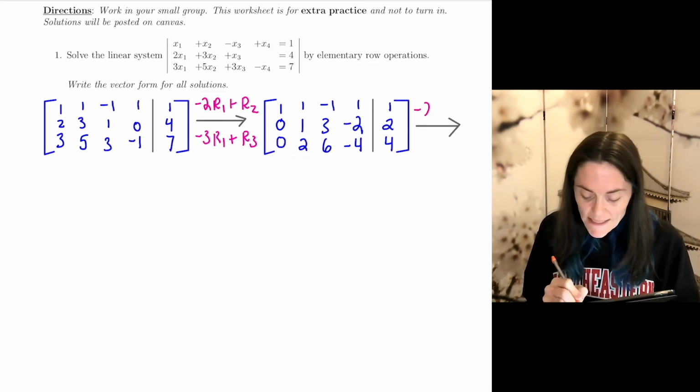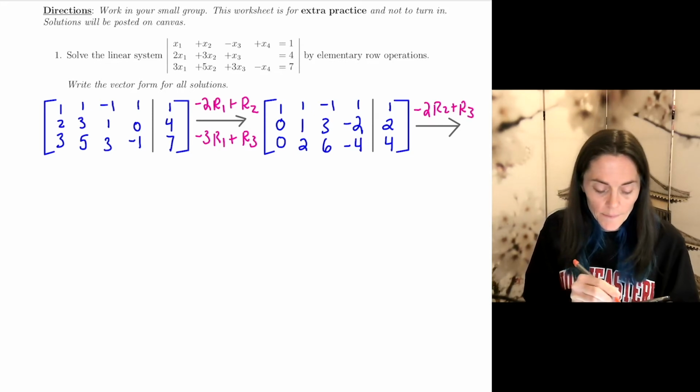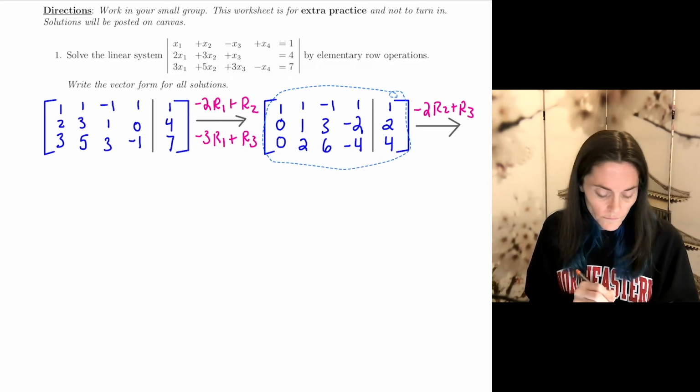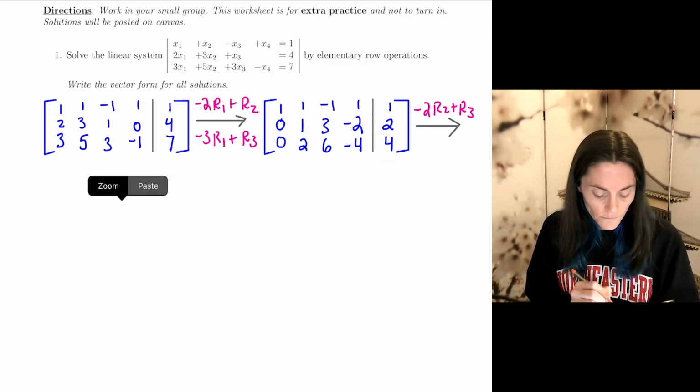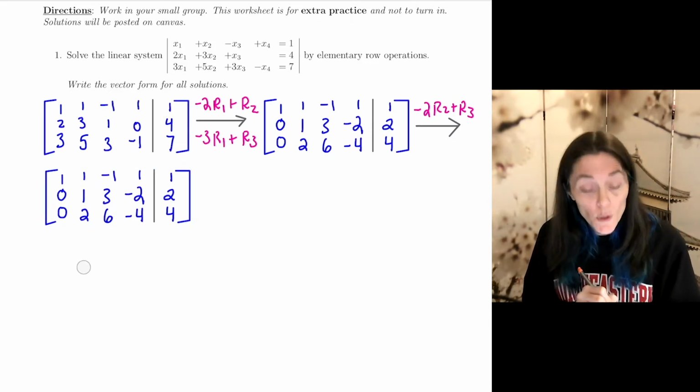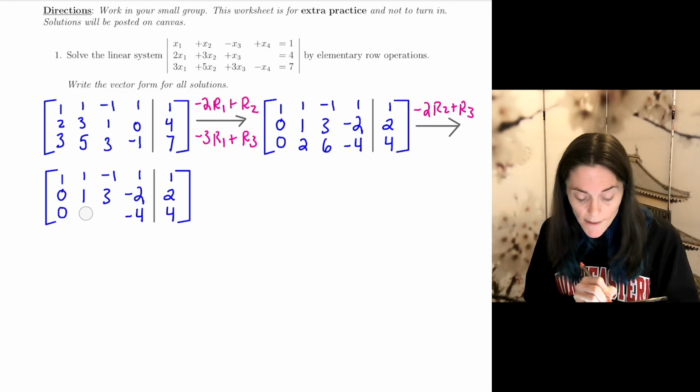So I take -2 row 2, add that to row 3. You notice row 1 and row 2 have not changed.